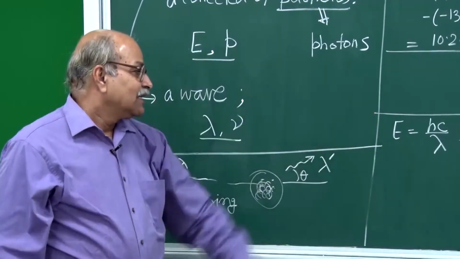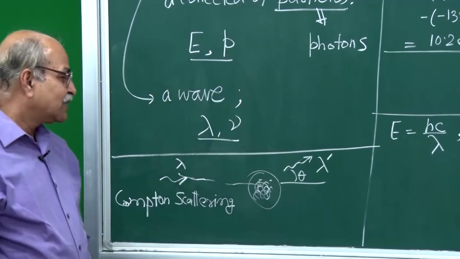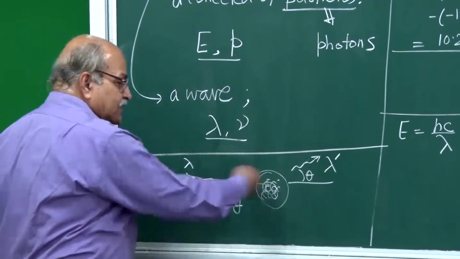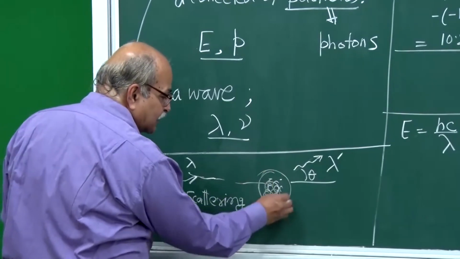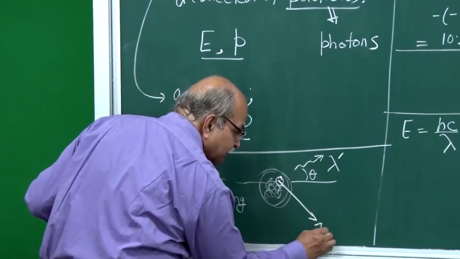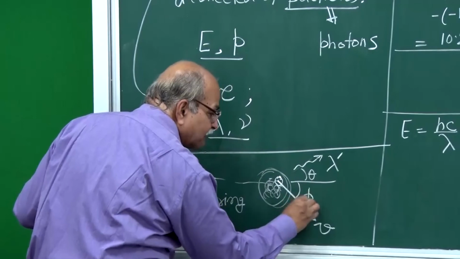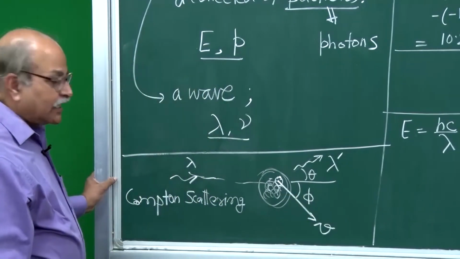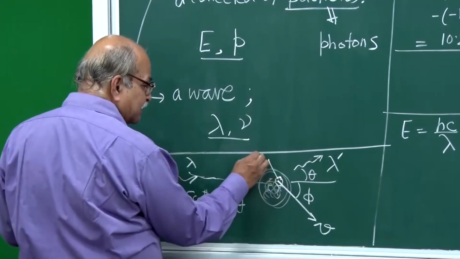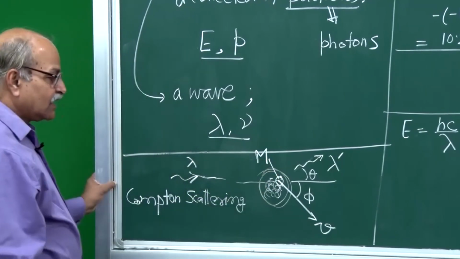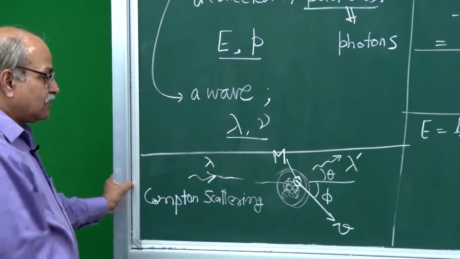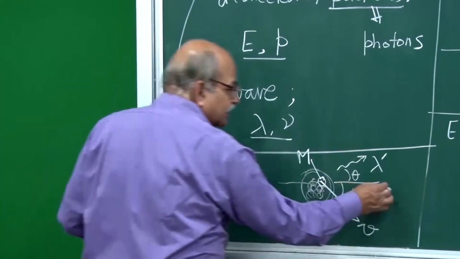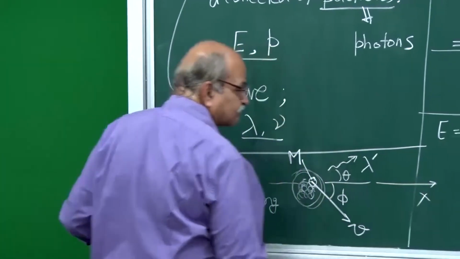So, electron is one particle and this X-ray is another particle. So, these are the equations for energy and linear momentum. When it hits this electron, the electron will go with some velocity v at some angle phi, and the mass of this electron is, let us say, m. Then you can write linear momentum conservation in the x direction.